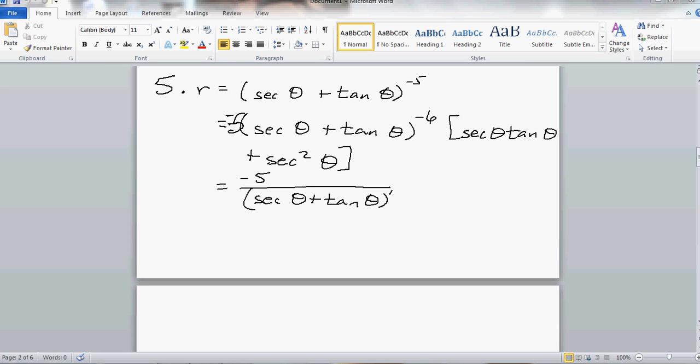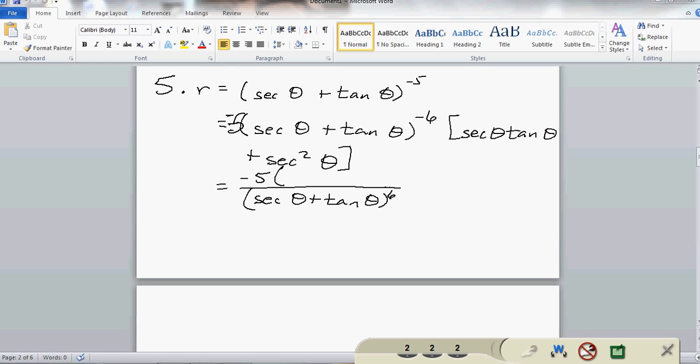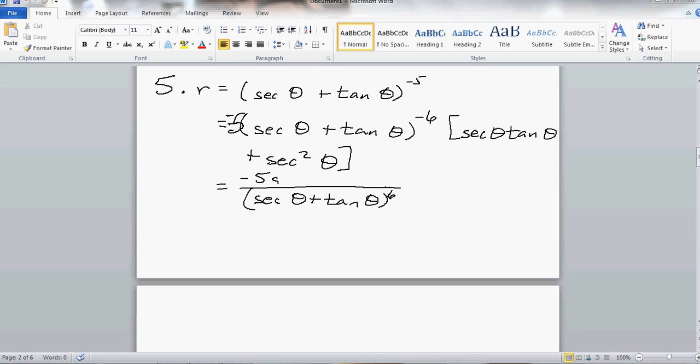We can move that all down here, down in the denominator. And then, between secant theta tangent theta plus secant squared, we can actually pull out a secant theta just to make our lives a little bit easier. So I'm going to pull out secant theta, and that's going to leave the tangent of theta plus secant of theta.